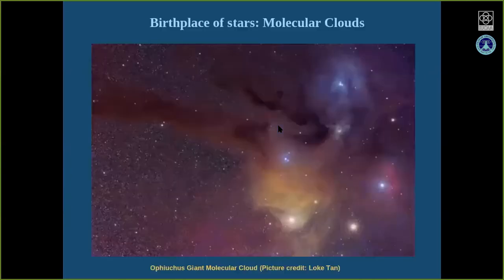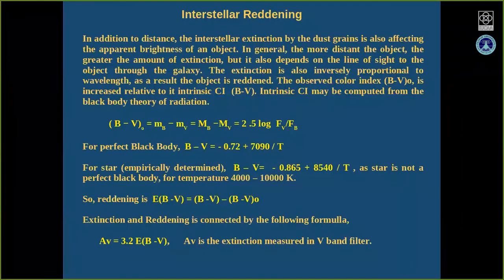Now you see, we have already discussed interstellar extinction, right? I have already mentioned that interstellar extinction plays a very crucial role in our understanding of the universe. Now, if we try to find out the apparent brightness of any particular star, what will happen?